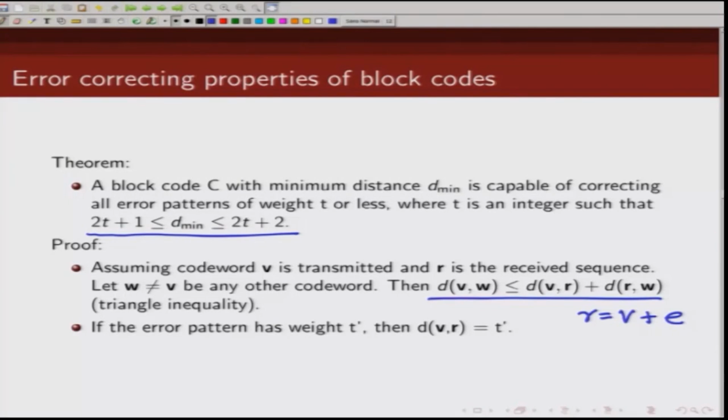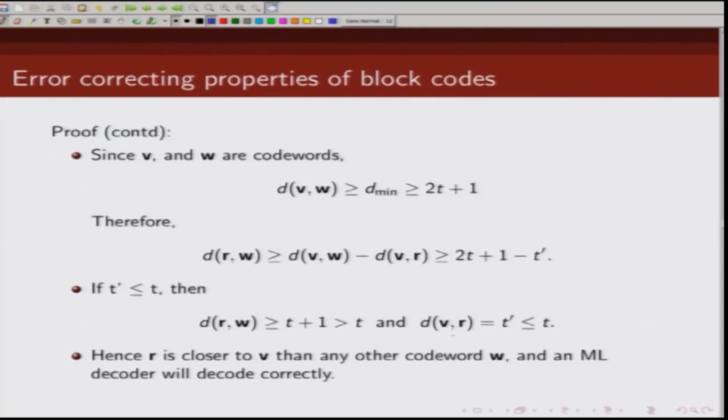If the minimum distance of the code is at least 2t plus 1 and less than or equal to 2t plus 2, then it can correct all error patterns of weight t or less. As we can see here, the received code word is closer to v than any other code word w, so it will decide in favor of v, and this r will be decoded as v.